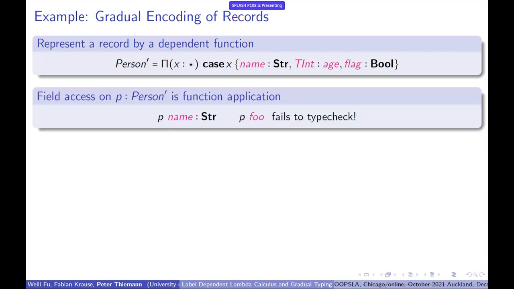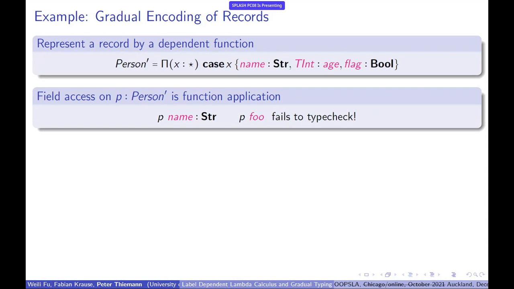And indeed, if I try to do a field access on a non-existing label, so remember I can mix and match labels, no problems, then this already fails to type check, because there's enough information propagated inside of our type checker to see that even though the type is announced as star, it's not acceptable.